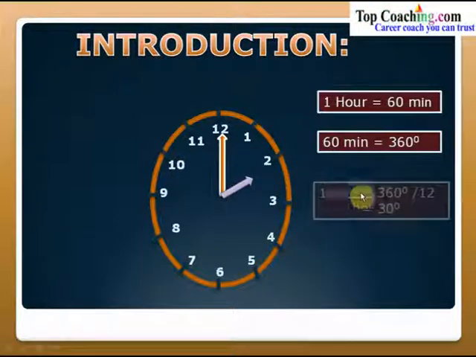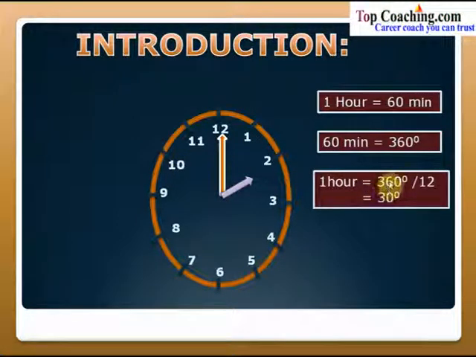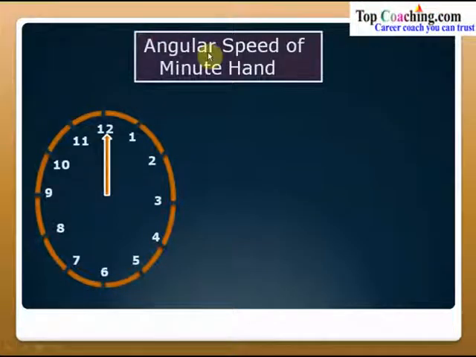So 1 hour would correspond to 360 divided by 12, that is equal to 30 degrees. So what we can say here is in every hour the minute hand covers 360 degrees and the hour hand covers exactly 30 degrees. So let's calculate the angular speed of the minute hand.